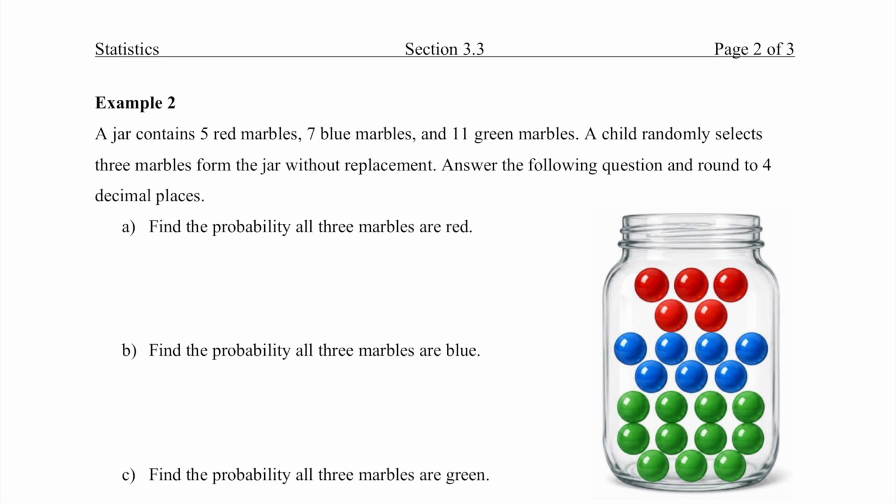The important phrase in the problem is without replacement. That means once a marble is selected, it is not returned to the jar. As a result, the probabilities will change after each draw. This means we are working with dependent events.